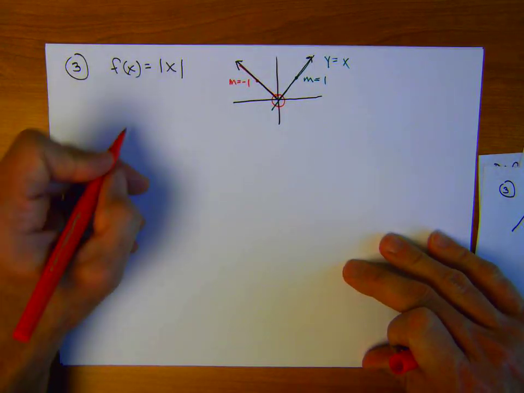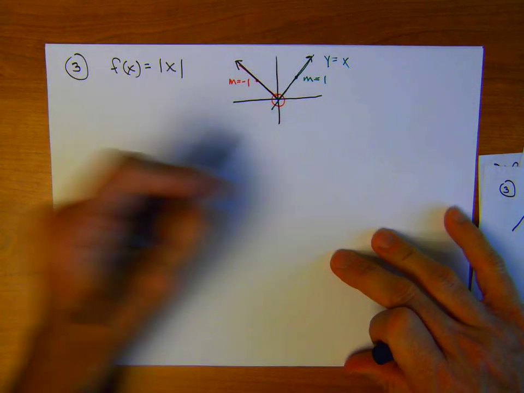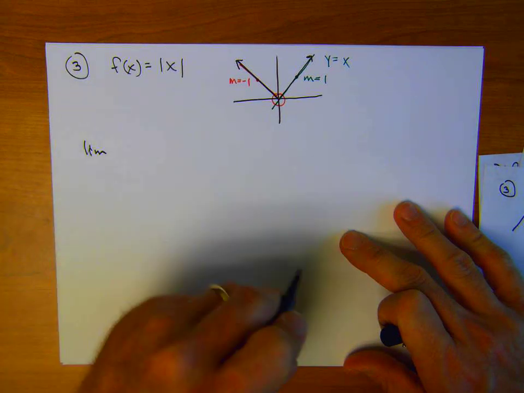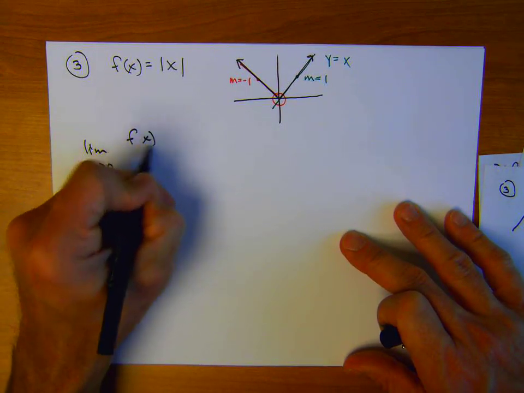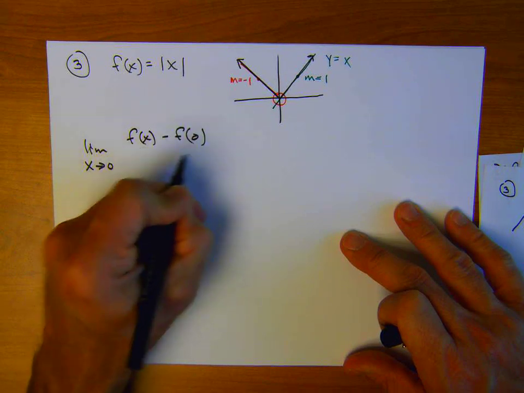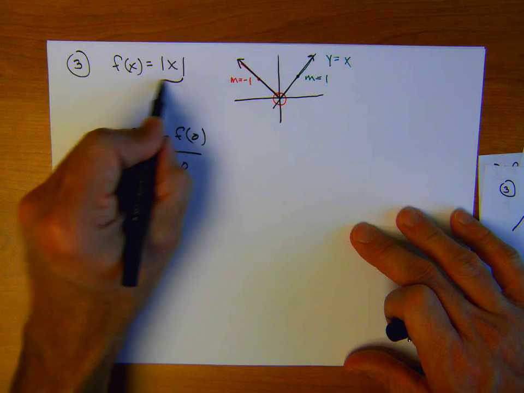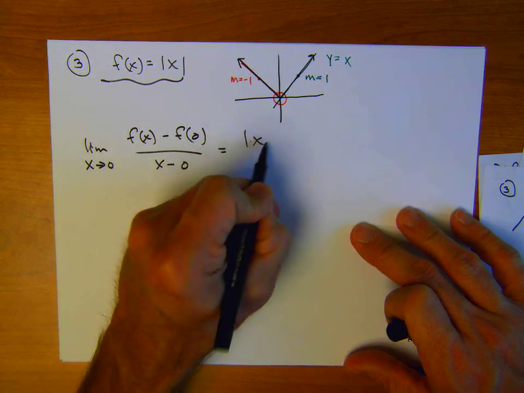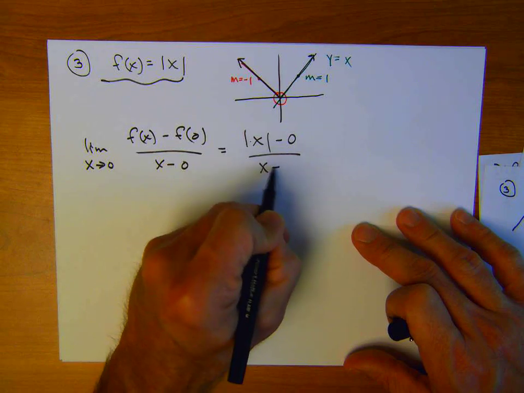All right, so the first thing is to recall the piecewise definition. Well, let's start with just our definition and we'll come back to the piecewise definition. Limit as x approaches 0 of f of x minus f of 0 over x minus 0. So this is going to be absolute value of x minus absolute value of 0, which is 0, over x minus 0.